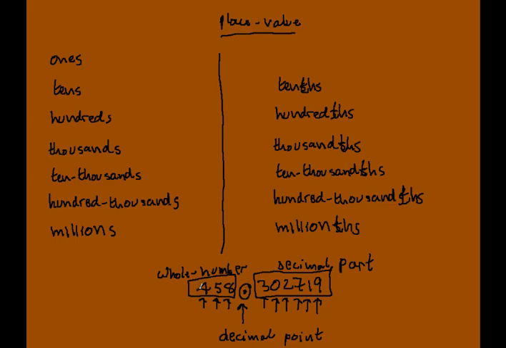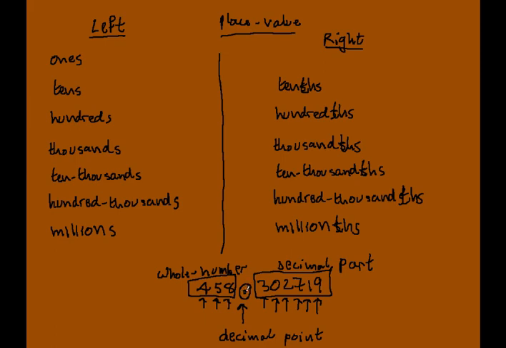Now, to the left of the decimal, this is the table that we use to name the place value of a digit to the left of a decimal. And to the right of the decimal, this is the table we use to find the place value of a digit to the right of the decimal.